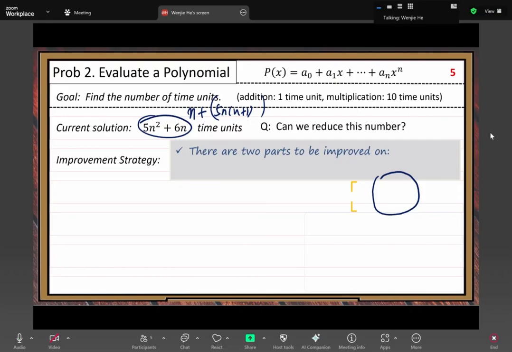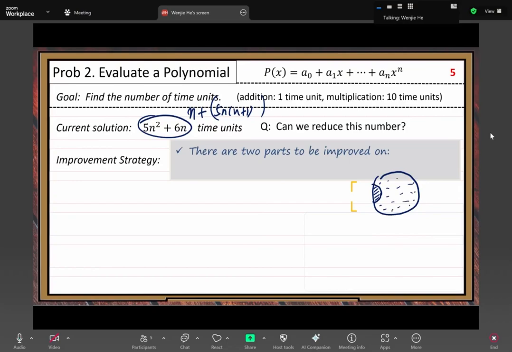Inside that big circle, 2 parts: the addition part and the multiplication part. The addition part is very small, so this little small area represents the addition part. The remaining part, the multiplication part, is pretty big.